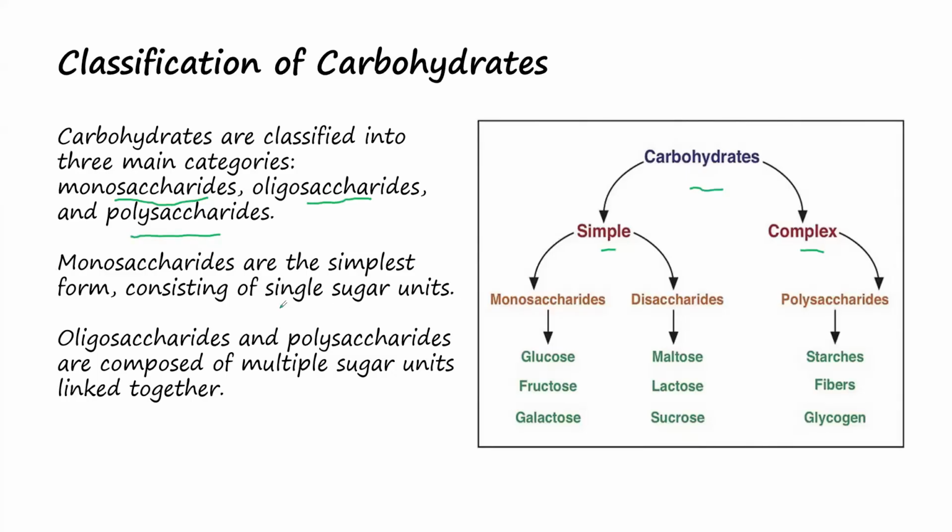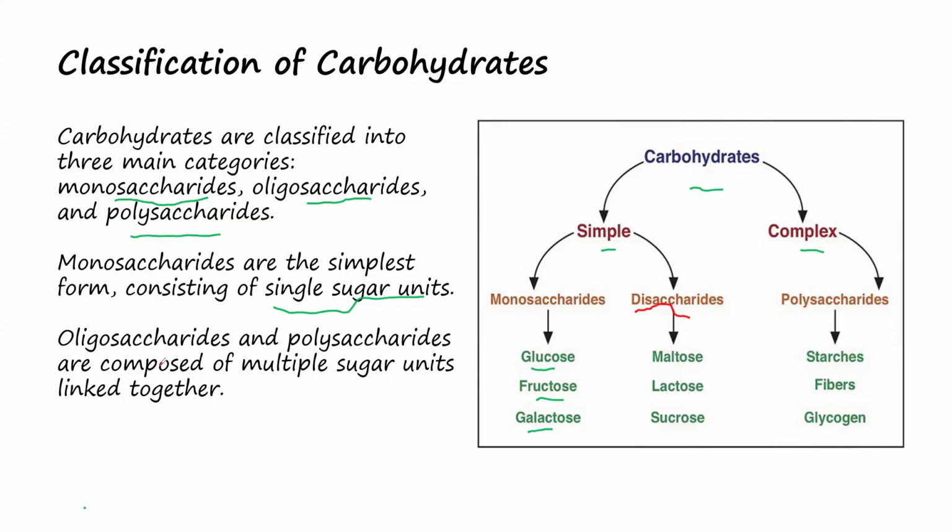We have many of them, but these are the three most common examples of monosaccharides. They are the simplest sugars. So if you have two of these monosaccharides joined together, it will give us what we call a disaccharide. It means that disaccharides are generated from the combination of two simple sugars.